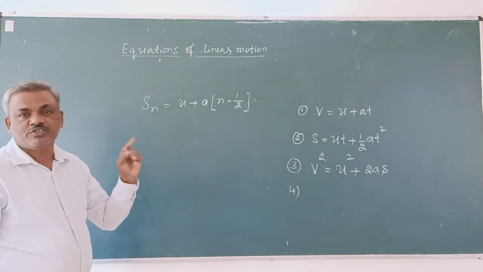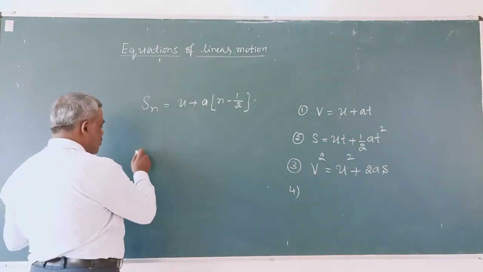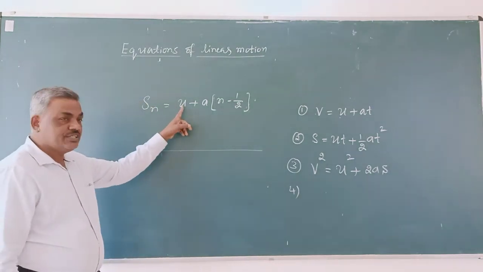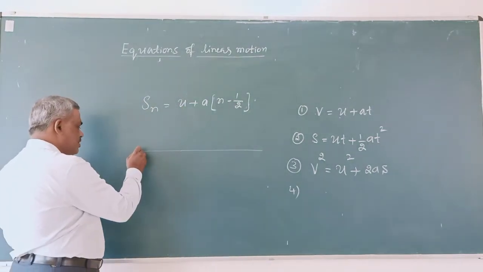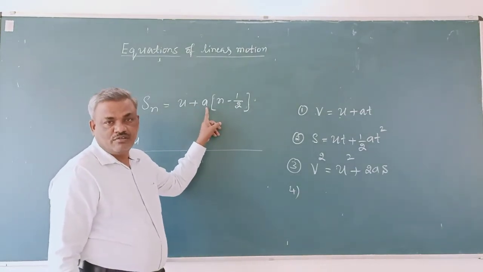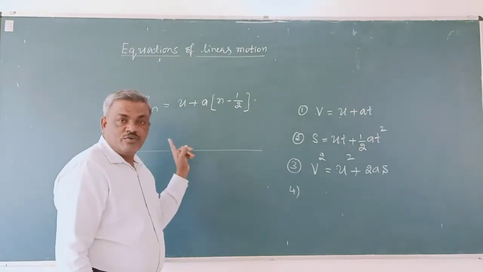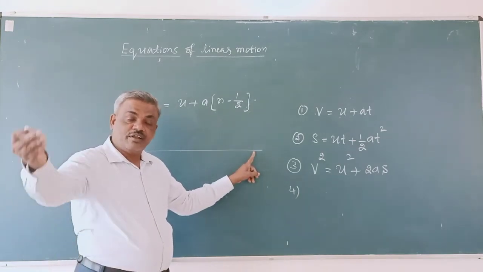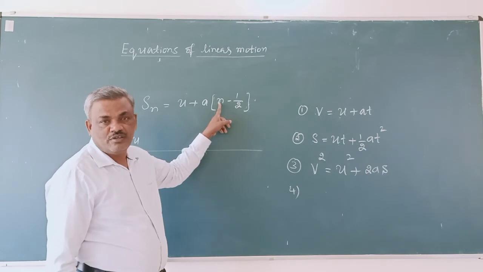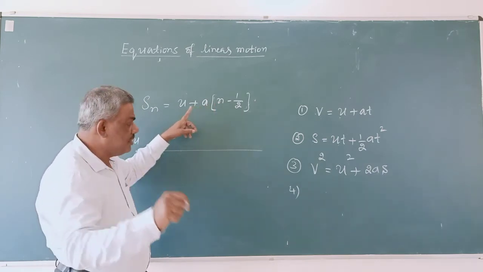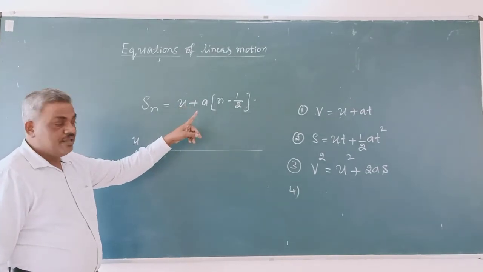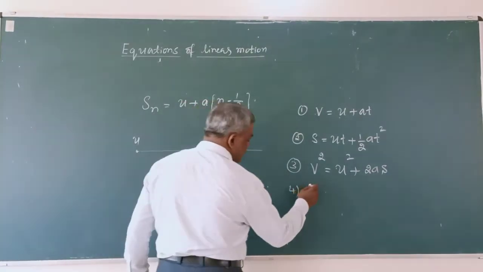The body is traveling a long distance from A to B. u is the initial velocity, the beginning velocity, and a is the acceleration. The body takes n seconds to reach the final position, so Sn is the distance in the nth second of motion.